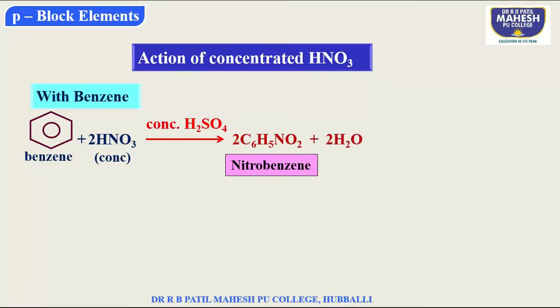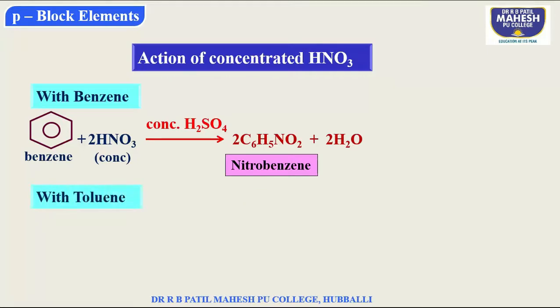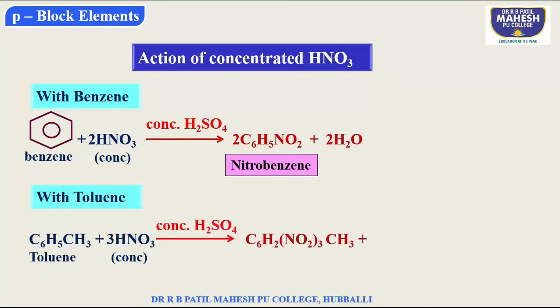So here we get nitrobenzene along with water. This reaction is called nitration. Similarly, when toluene reacts with the concentrated nitric acid and concentrated sulfuric acid mixture, we are going to get 2,4,6-trinitrotoluene as the product.